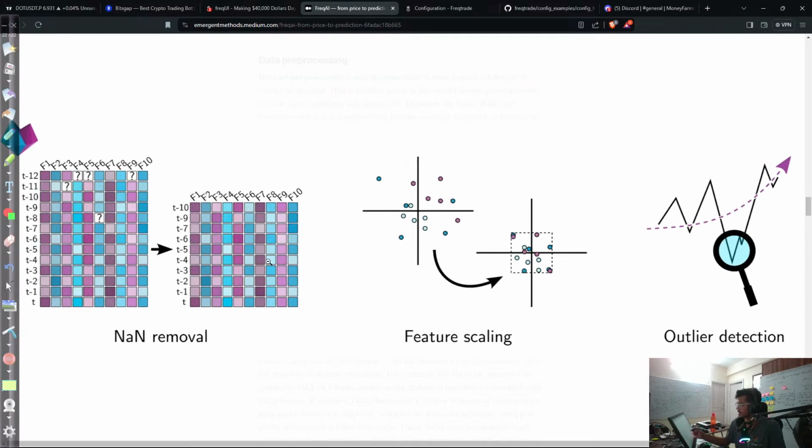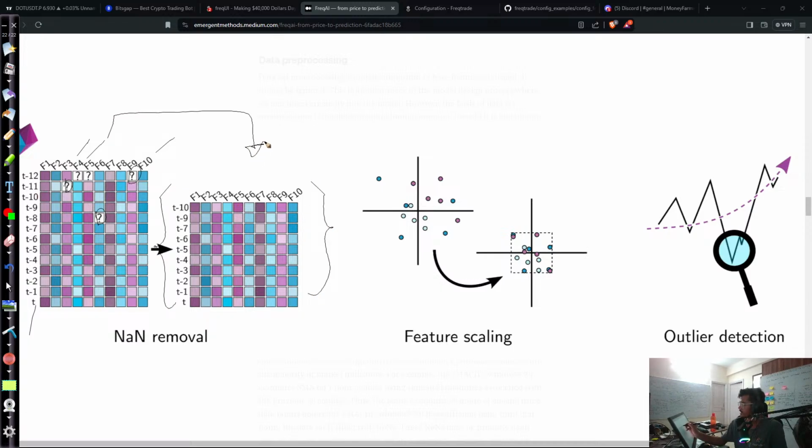So here you see all these features: feature 1, feature 2, feature 3, feature 4 up to feature 10, and you have NaN values. Once you remove those NaN values, your dimensionality got reduced, as well as now you have a clean data set. Okay, clean data set.